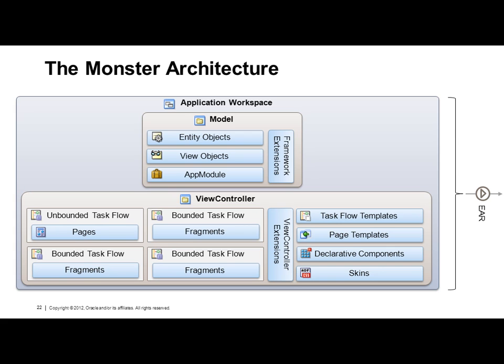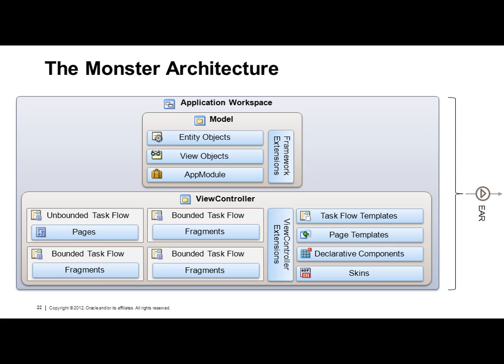Just before we skip off this slide, I just want to highlight a little point in this slide, as you might notice that the bounded task flows are not based on pages, but based on fragments. And that's a general recommendation for building reusable bounded task flows, because if you base bounded task flows on pages, if you ever want to place one of those bounded task flows in another page, you can't put a page in a page. But later on, if you have created your bounded task flows out of fragments, to embed that fragment in a page, it just becomes a region.